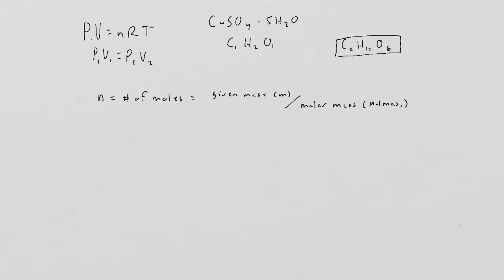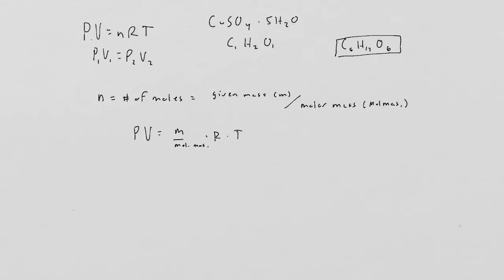So we can substitute that in for n. So we can go P times V equals m, that's the given mass, whatever you have, over the molar mass, times R times T.